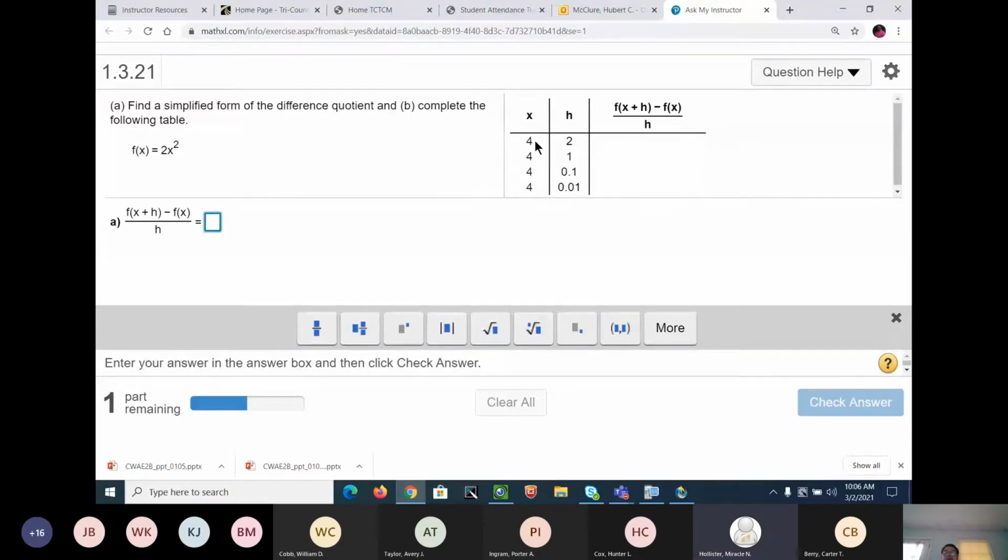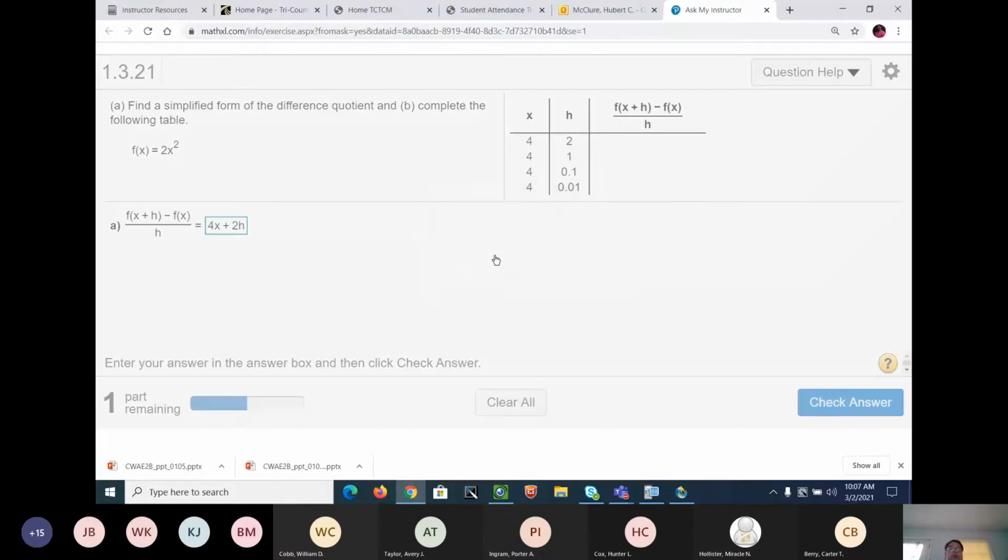I said 4x plus 2h is right for the first one. I think on step B is when they want us to plug it in. I don't know what they're doing on that, but 4x plus 2h is what they want here. Yes, sir. Okay.